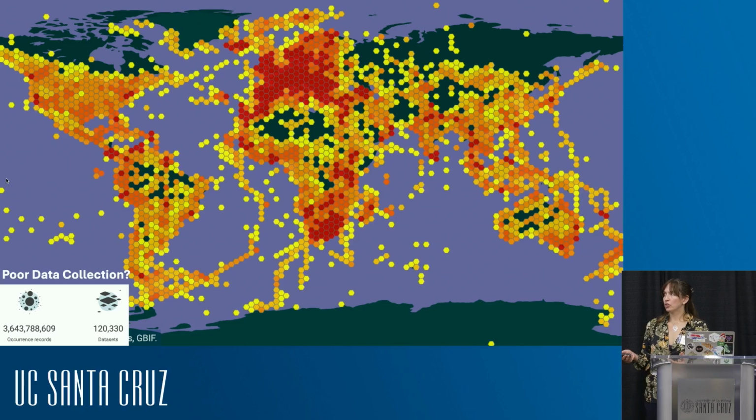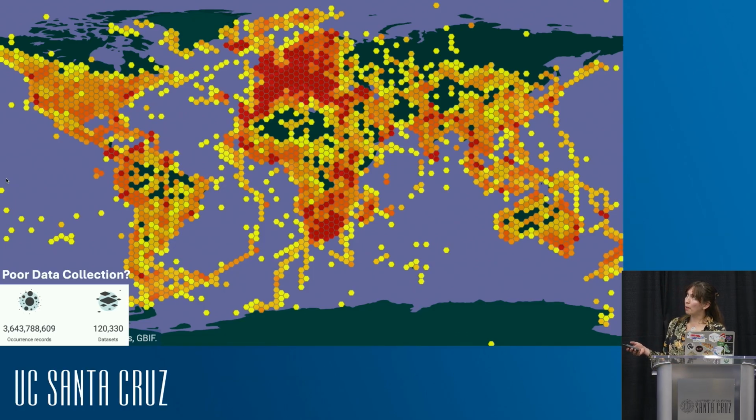So I want to go back to the topic of poor data collection. This is an image from yesterday from the Global Biodiversity Information Facility, GBIF. Red is high, yellow is low, and black is missing data or data deficiency.